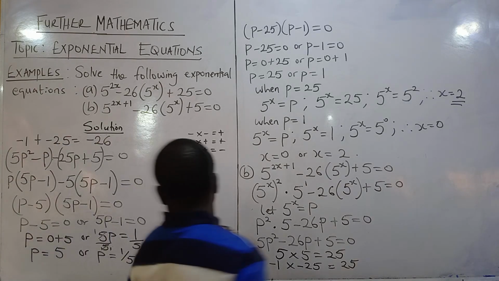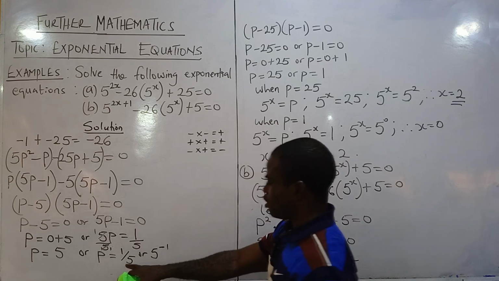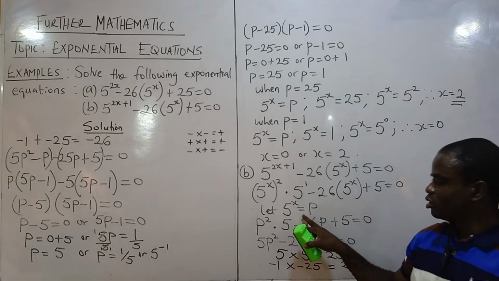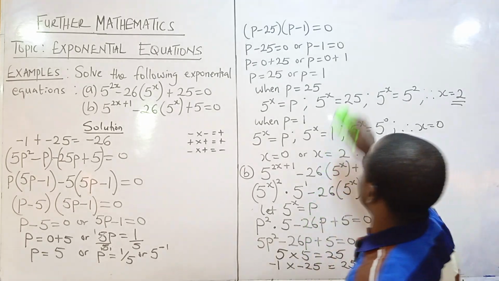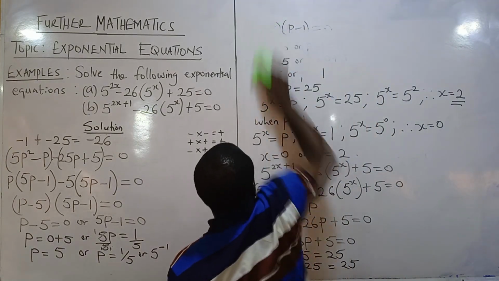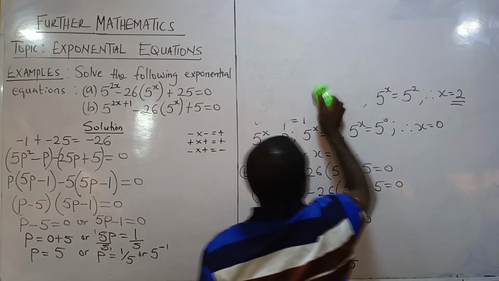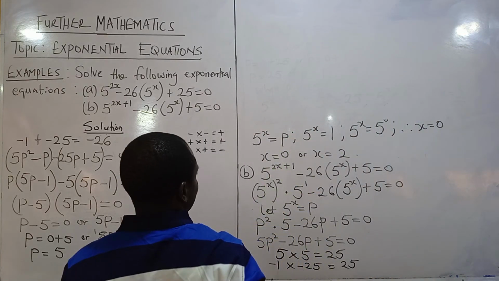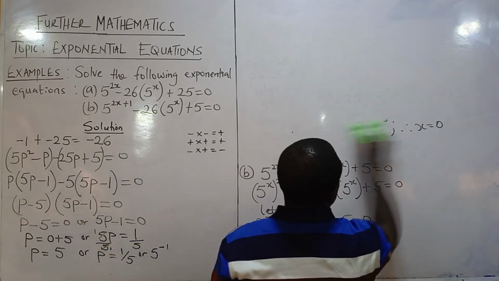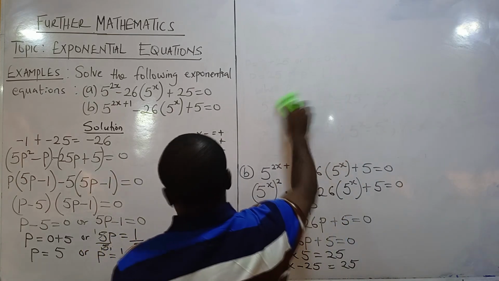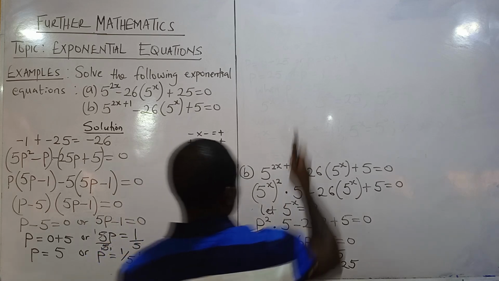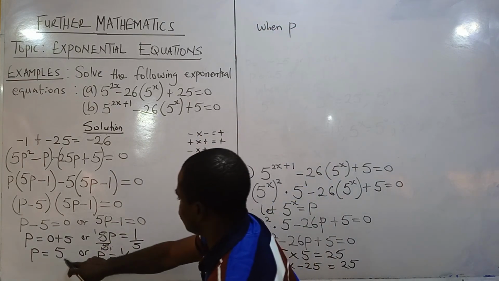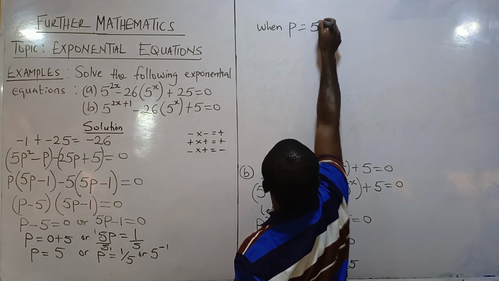Okay, now we go back, because we are not going to stop here since we made an assumption at the initial stage. We want to get our expression in the form of x. What you have here now is when p equals 5, we want to know what our x will be.